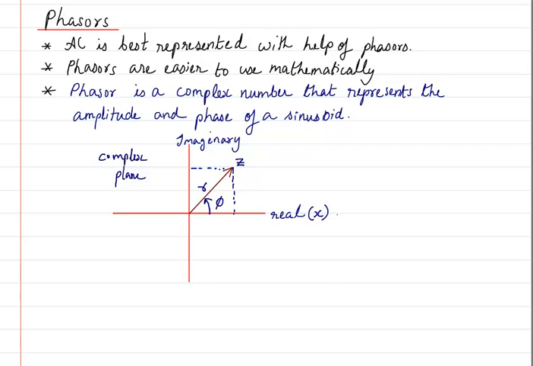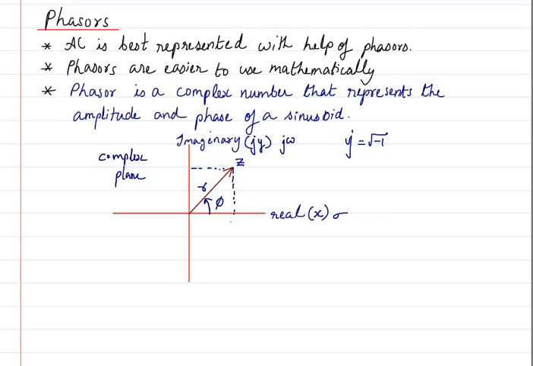Sometimes it is also represented as sigma, and the imaginary axis as j y, or in certain textbooks it is also represented as j omega. J omega is a better notation. Anyway, j stands for imaginary. You all know that j is basically the square root of -1, imaginary.